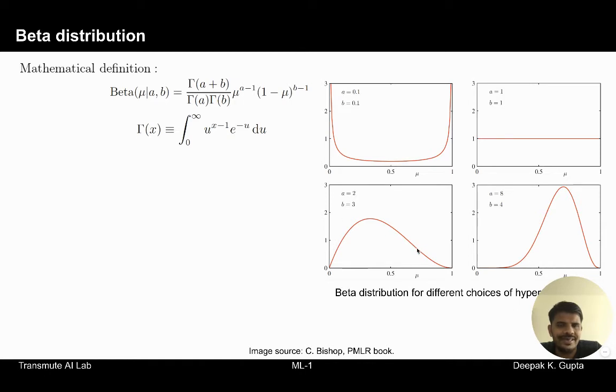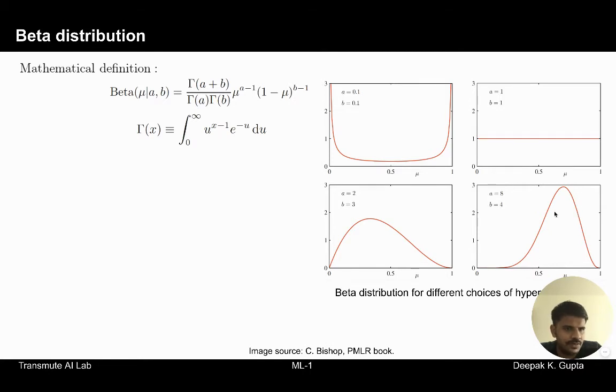When the value of a is higher, we start giving more weight to the probability of x equal to 1. So in this case mu, we give more weight to the probability of x being 1. That's why the curve starts to shift towards 1.